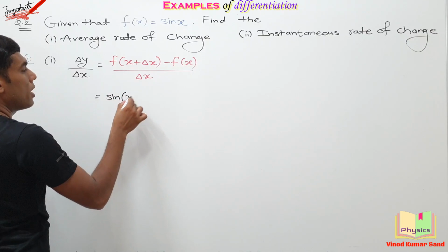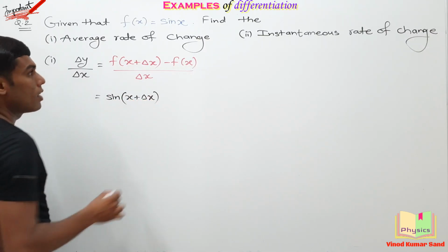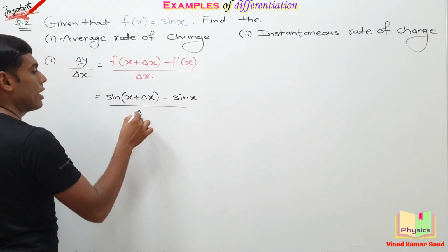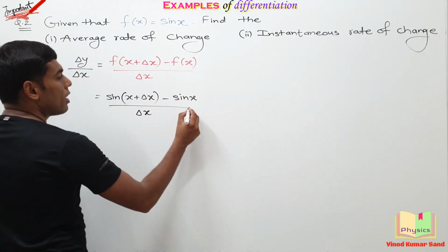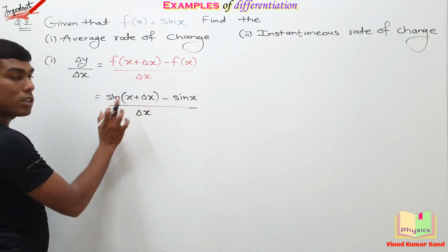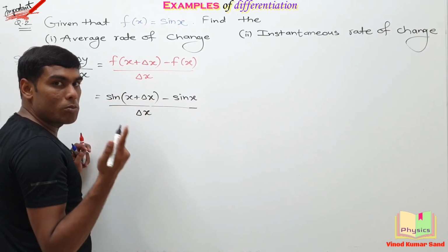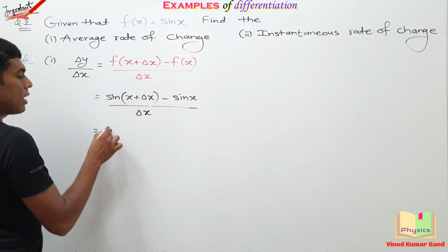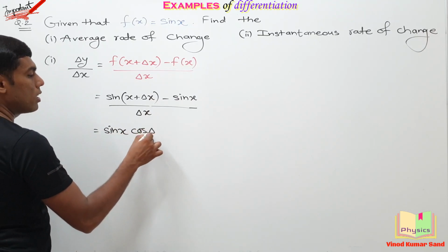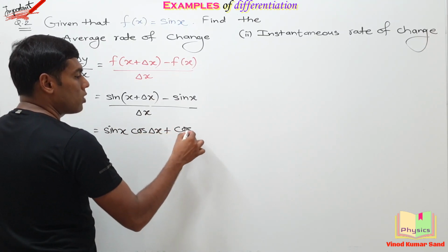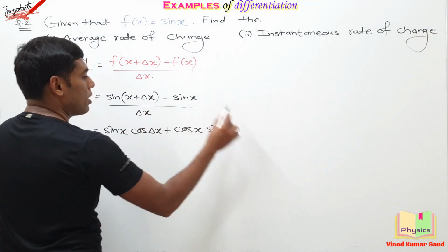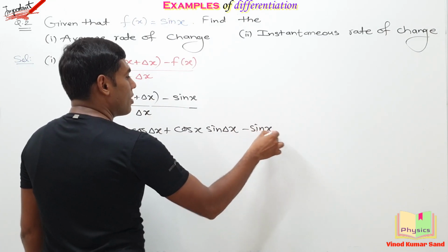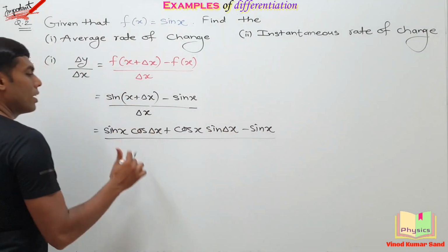So this will become sin(x plus del x) minus f(x), which is sin x, divided by del x. Okay. Now you can open it up using the formula of sin(a plus b). Do you remember how much is sin(a plus b)? sin(a plus b) is equal to sin a cos b plus cos a sin b. We have opened up this bracket, and minus sin x is lying at its own place, divided by del x.